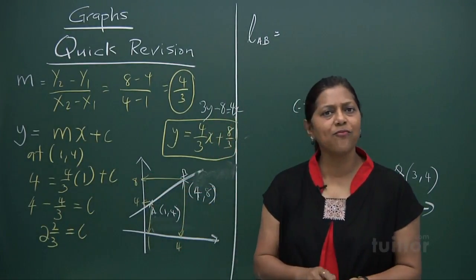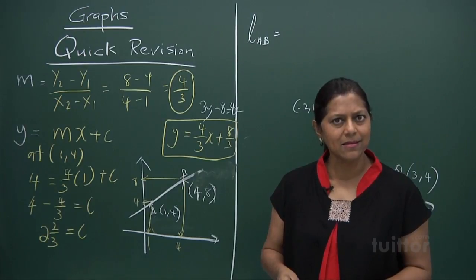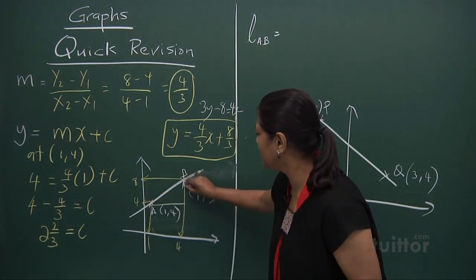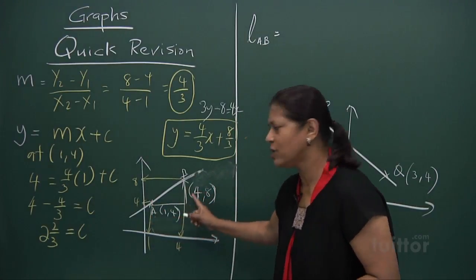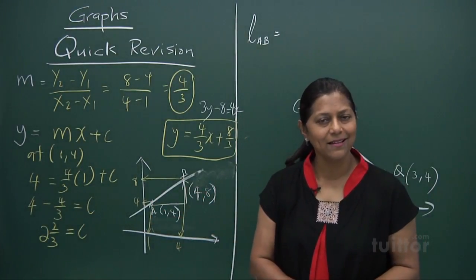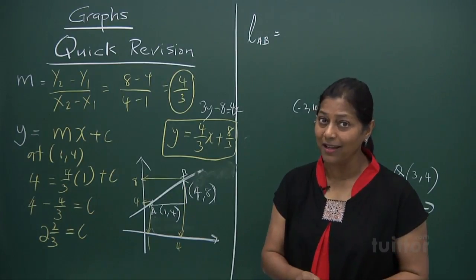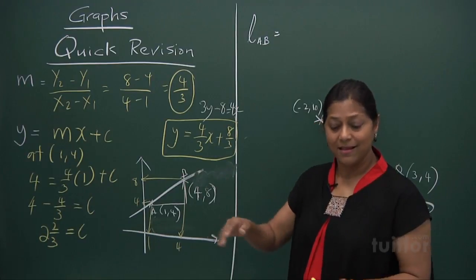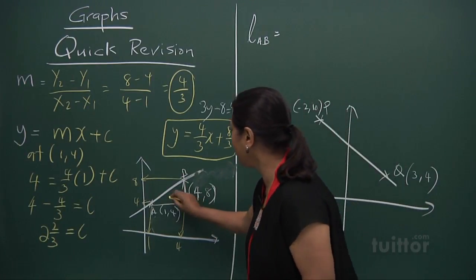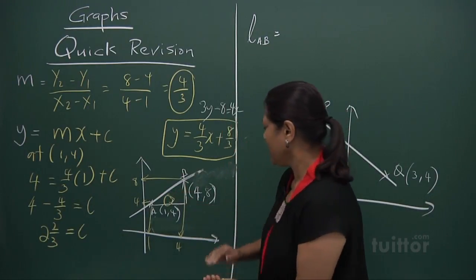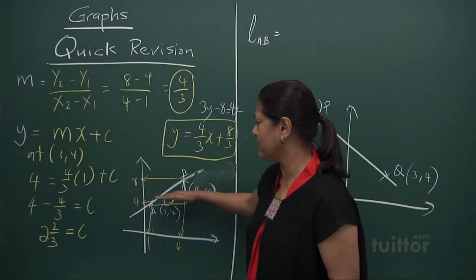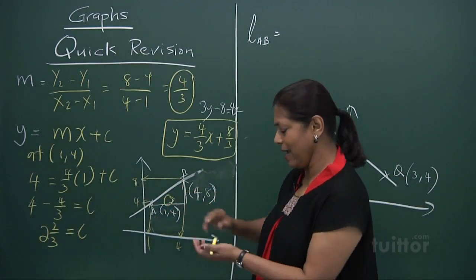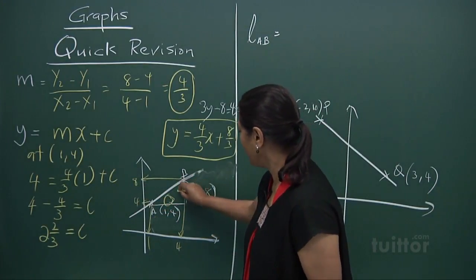Now if you would like to find the distance, the x distance and the y distance, let's look at the horizontal distance. From 1 to 4, what do you get? Yes, 3. So the horizontal distance is 3. And how about the vertical distance? If you look at the vertical distance, this is 4 and this is 8. So 4 to 8 will be 4.